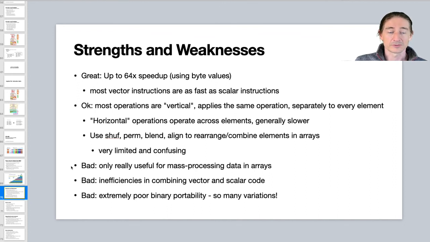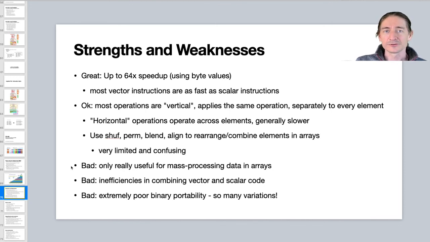You can't dereference pointers in these vectors. There's some inefficiencies in combining vector and scalar code, so switching between the two, moving a value from a ZMM register into an RAX, let's say, that can have some penalties associated. It's only a couple of cycles, but still.